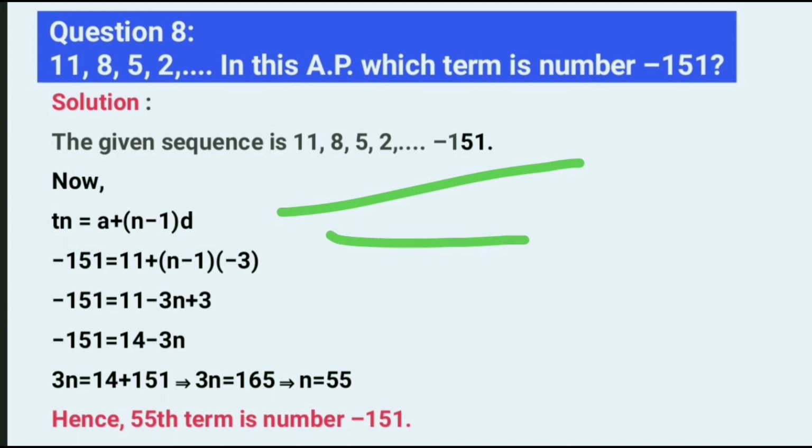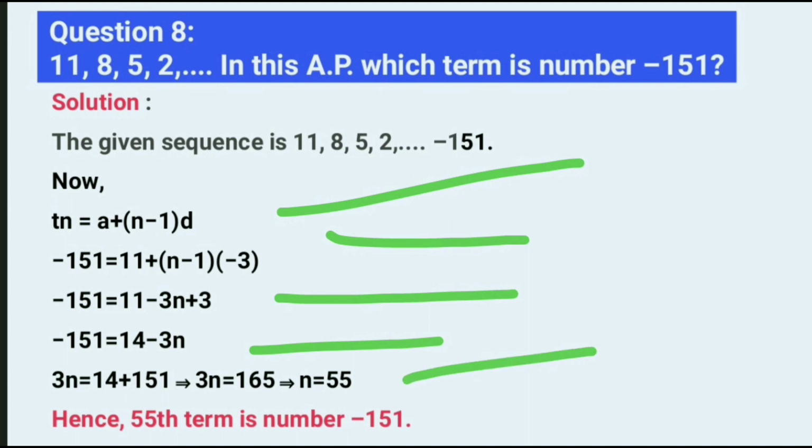So minus 151 is equal to 11 minus 3n plus 3. Therefore minus 151 is equal to 14 minus 3n. So 3n is equal to 14 plus 151. Therefore 3n is equal to 165. So n is equal to 165 upon 3. Therefore n is equal to 55. Hence the 55th term is number minus 151.